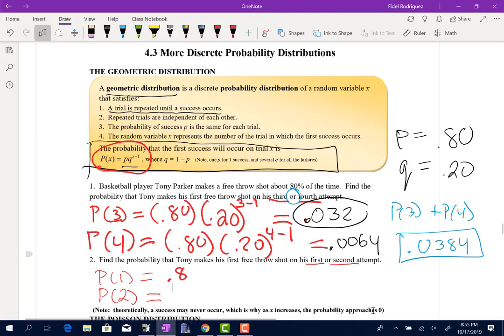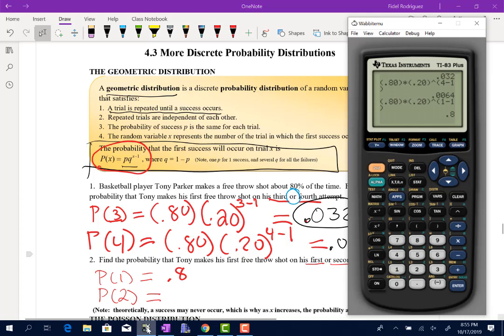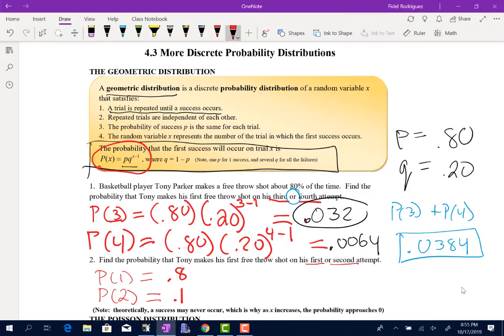Then I'll come back to my calculator again, go second entry, and change that first one now to a 2, and I'm coming up with 0.16.